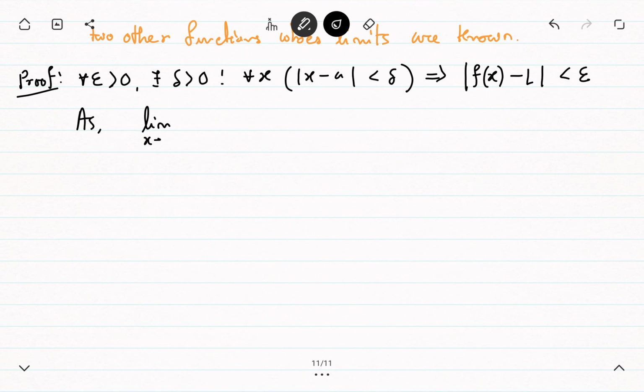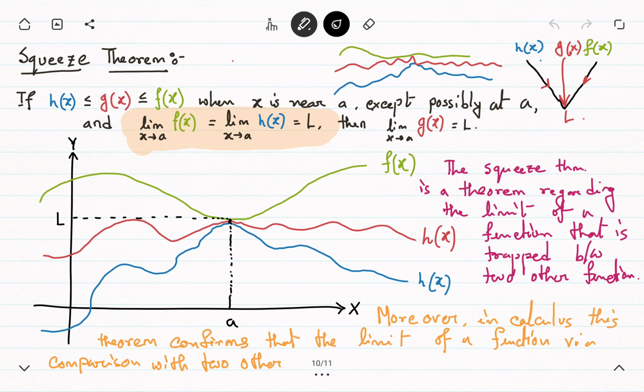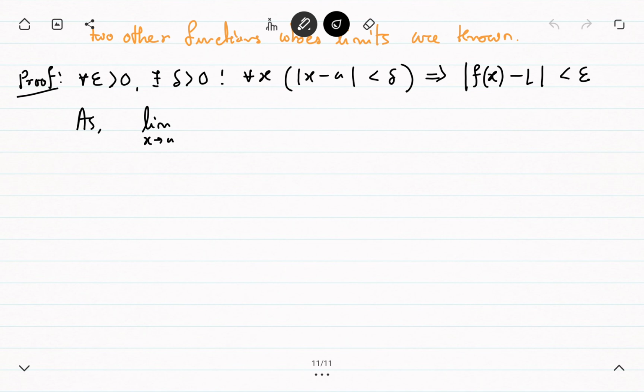So as the limit of x tends to a, h of x is equal to L. So what we can write, means that again the same definition we'll define.